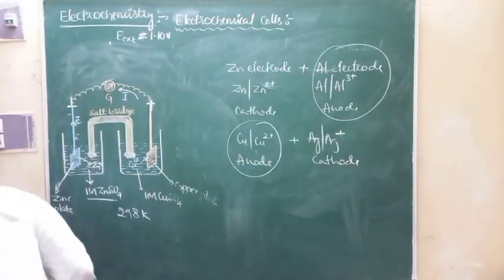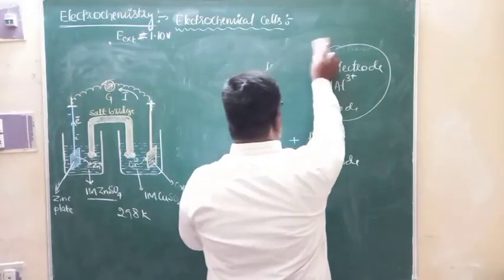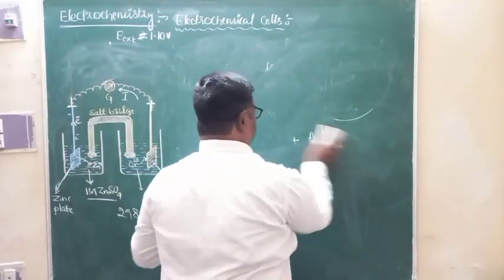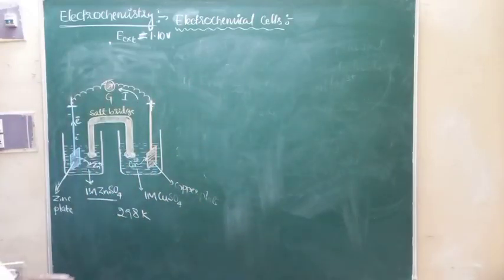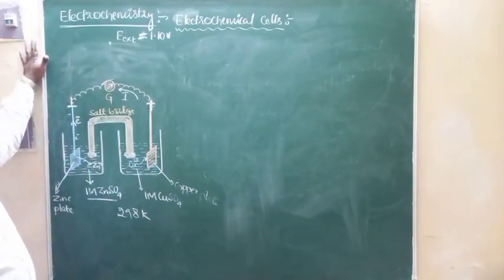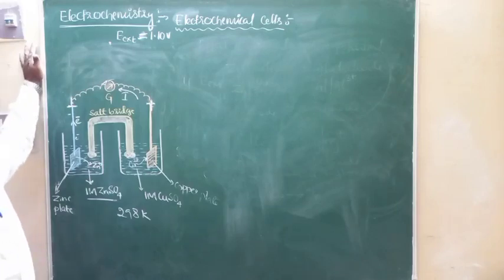Apart from that, you might be curious to know the role of salt bridge here. In my NCERT book there are no details, but out of curiosity, I'll explain that. What is the role of salt bridge? What exactly is the salt bridge?